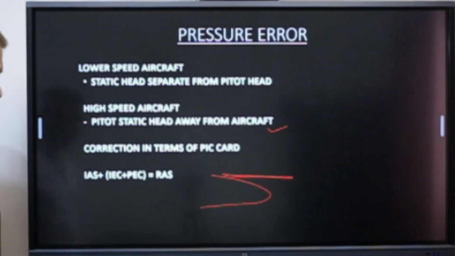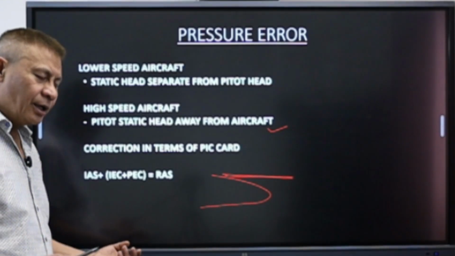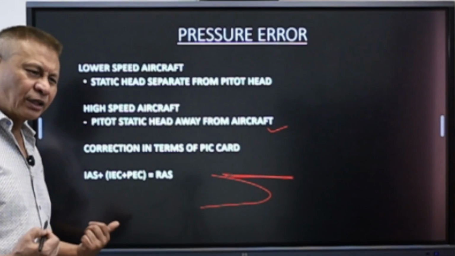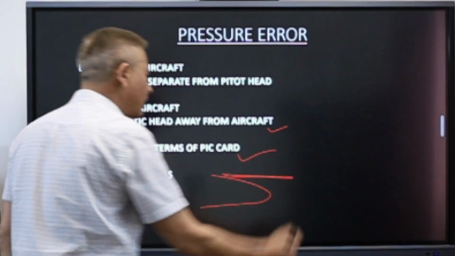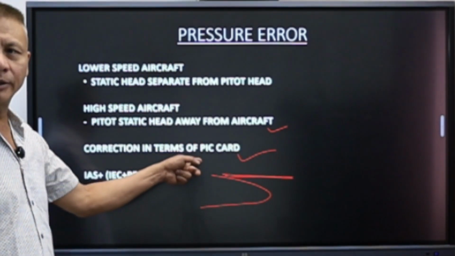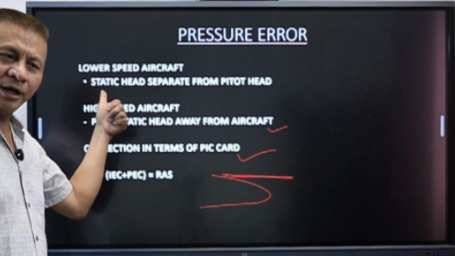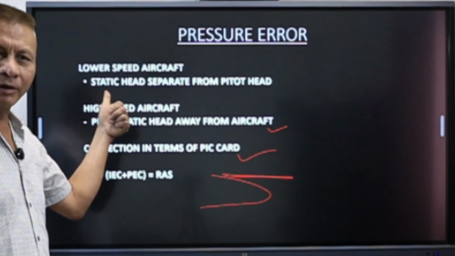This particular error can also be determined during the test flight, and the correction can be printed and kept inside the aircraft as a pressure and instrument correction card. The instrument error, as we discussed, can be found out during the test flight.